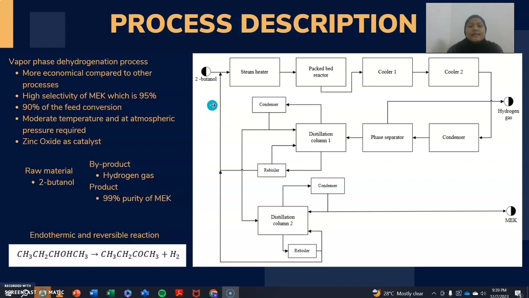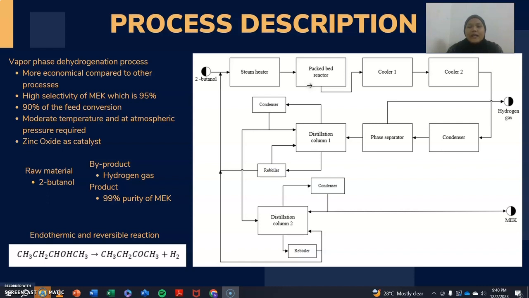For the production process, liquid 2-butanol will initially be preheated in a steam heater in order to increase its temperature to 500 degrees Celsius. At 500 degrees Celsius, liquid 2-butanol will change its phase into vapor, and then the vapor 2-butanol will enter the packed-bed reactor to undergo the vapor phase dehydrogenation reaction in the presence of zinc oxide as catalyst.